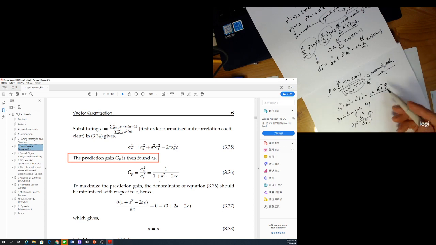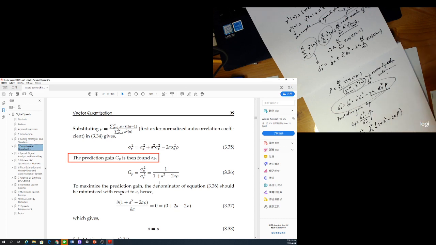So you can reorder here. You can see rho s, we are trying rho s here. So rho r square is rho s square times 1 plus a square minus 2ar here. So we try rho s square by rho r square.